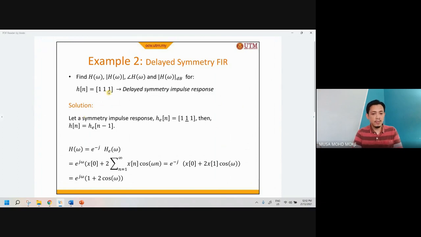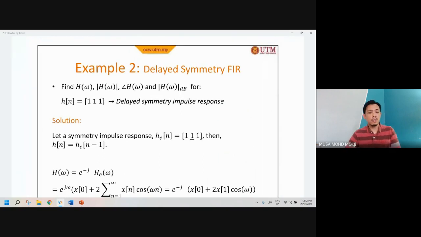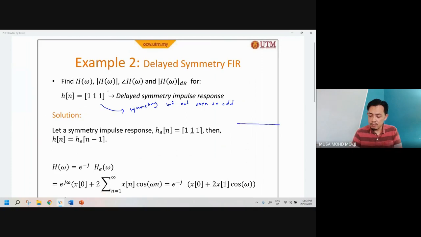This is symmetry, but not even or odd, because the symmetrical line is not at n equals to 0. If you plot, this is like 0, 1, 2.